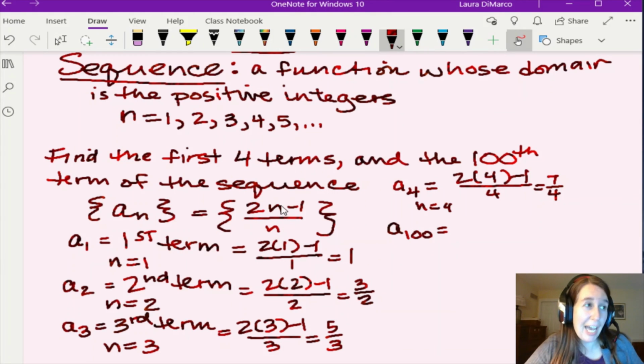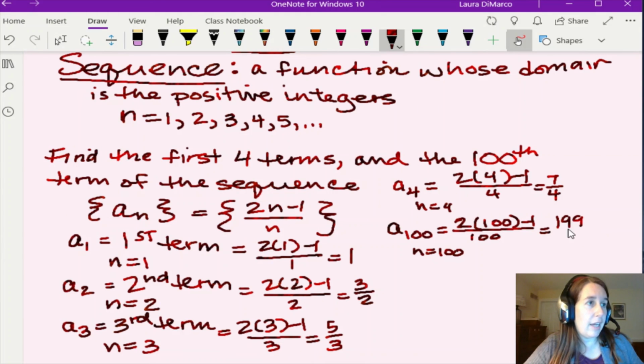Because we actually have the formula given to us, unlike at the beginning when I had to kind of figure out the formula in order to figure out the 100th term. So if we need the 100th term, that means that n is equal to 100. So that's 2 times 100 minus 1 over 100. That looks like 199 over 100. And there's a little intro to sequences.